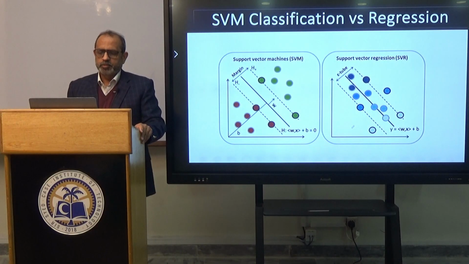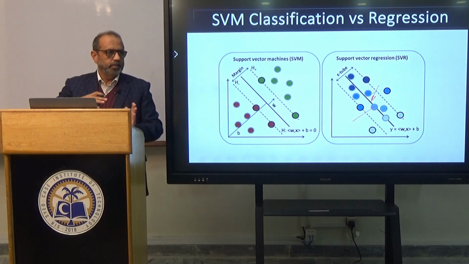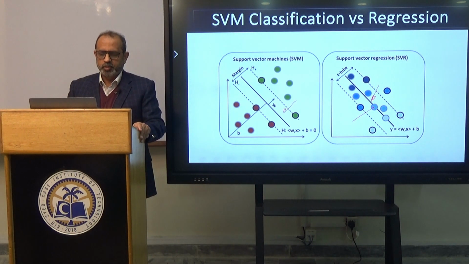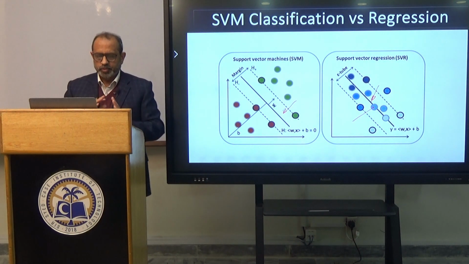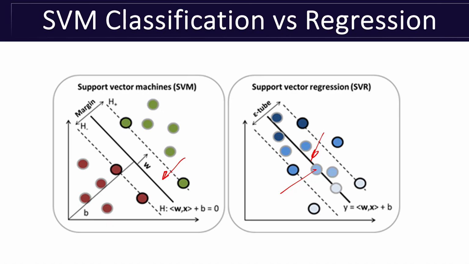Okay, so we understand that for regression you try to fit most of the points inside your plane, and for classification you try to have no point in this plane which you are fitting between two support vectors.